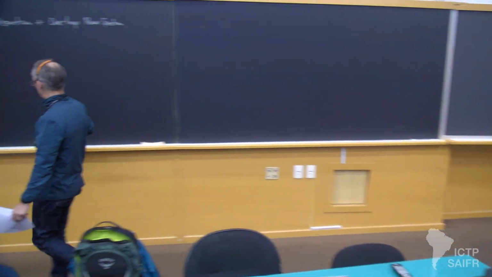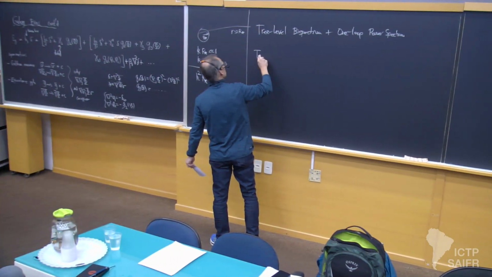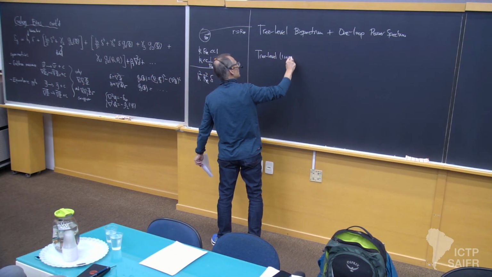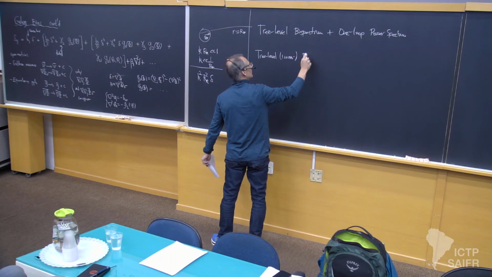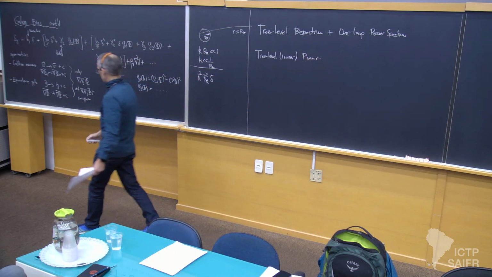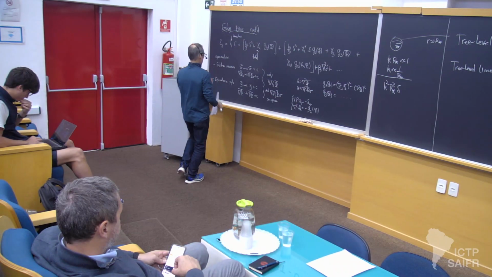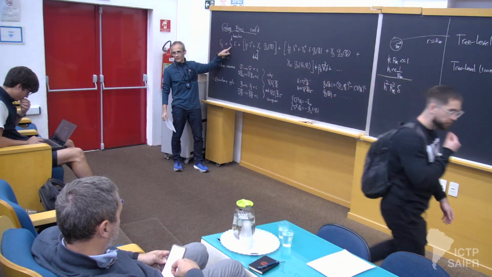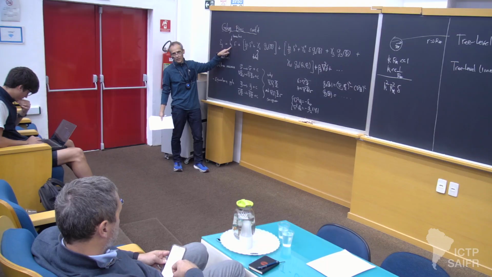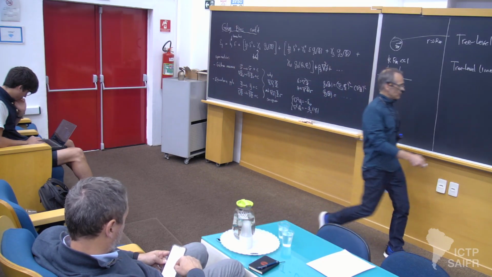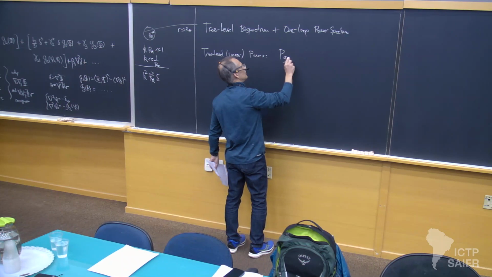Before I do the one loop power spectrum, let's do the linear power spectrum, which is tree-level. This is trivial, because to do the linear power spectrum you just use linear theory. The only thing you need to do is multiply your density fluctuations by B1.